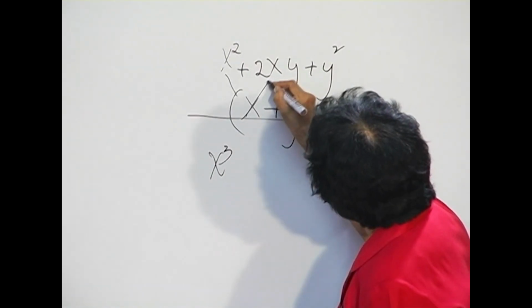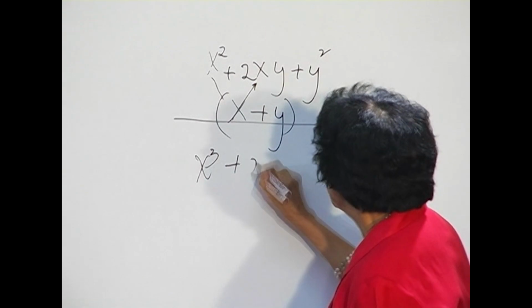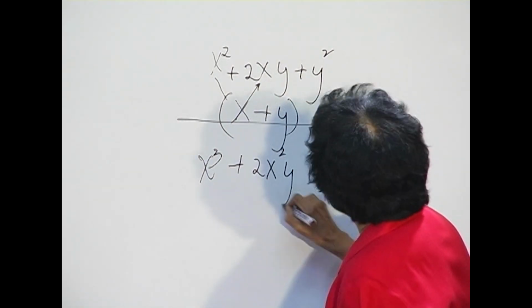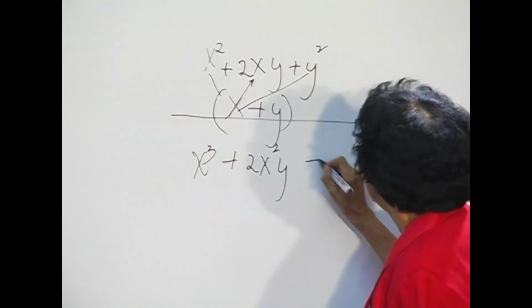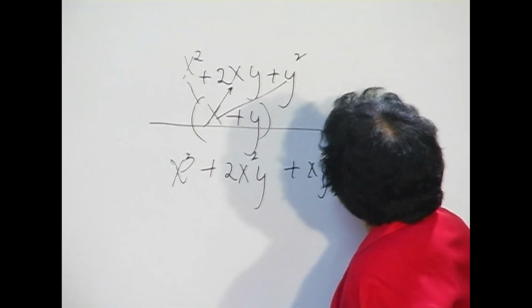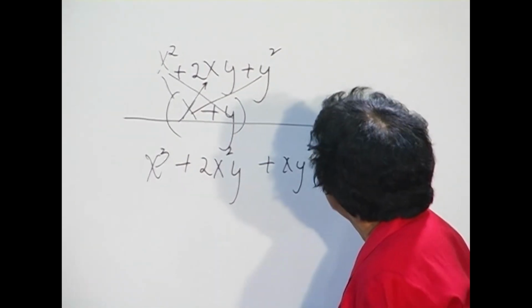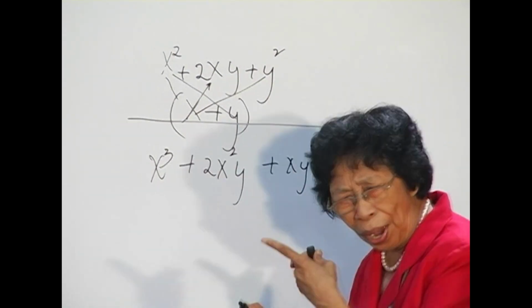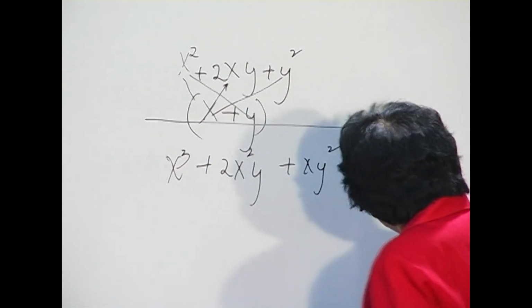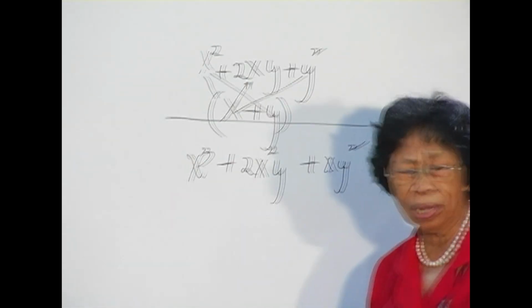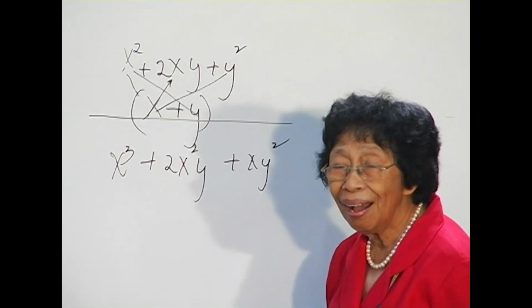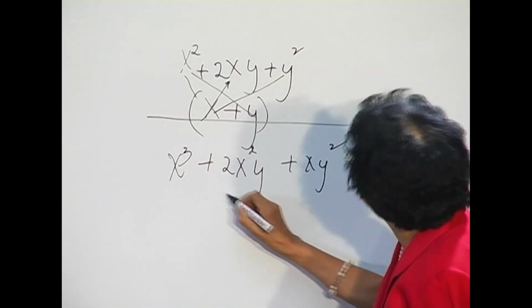And this one? 2x squared y. And this? xy squared. And then this? x squared y. Is there another way I can put it down rather than put it here? Is there a place where it belongs? Yes, ma'am. Where? At the column of 2x squared y. They're similar. Might as well put them together.